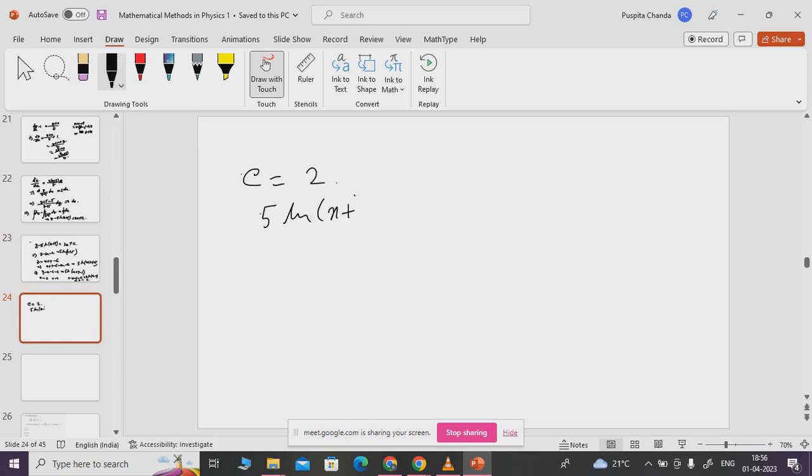Then the equation is 5 ln x plus y minus 1 is equal to y minus x minus 2. So when x is equal to 1, y is equal to what? y1.